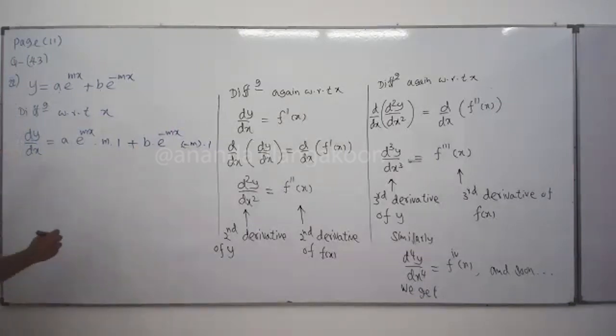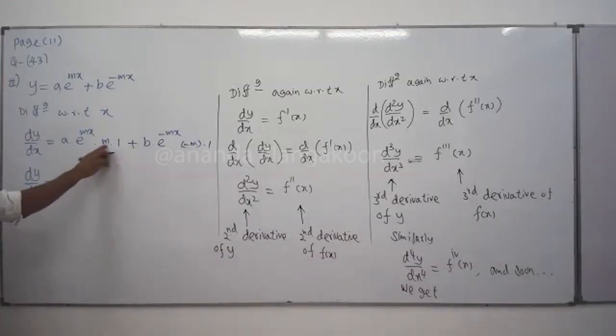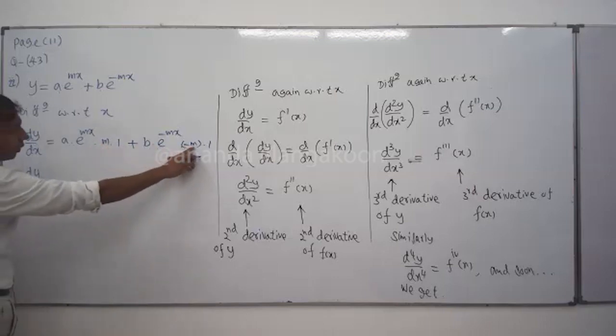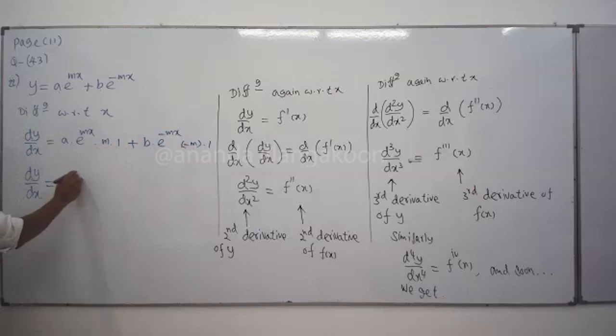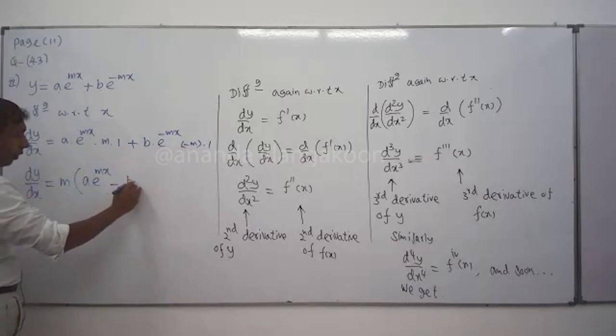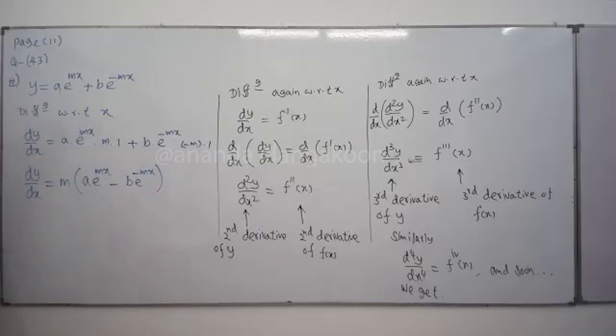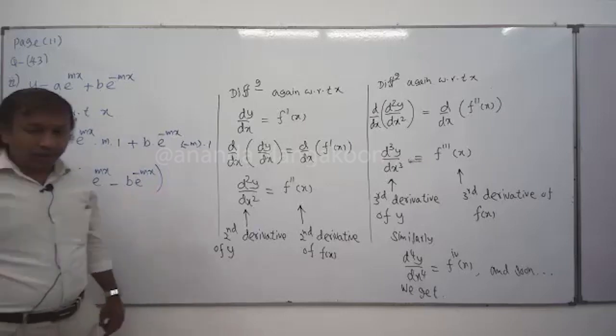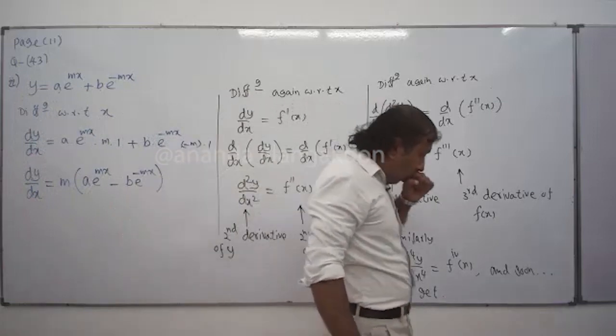So now here what we get is, people, dy/dx is equal to m, this m and this m are common. Take that m out. Then open the bracket. Here we get a e^(mx). Plus and minus make minus b e^(-mx). This way. Right. We found, people, the first derivative.